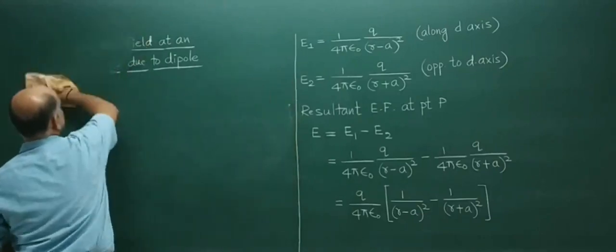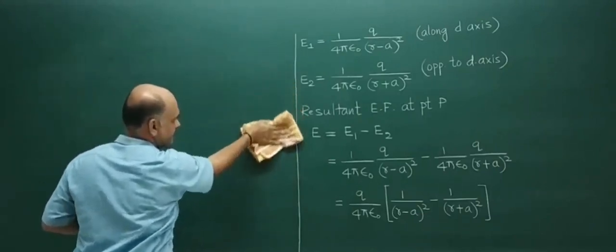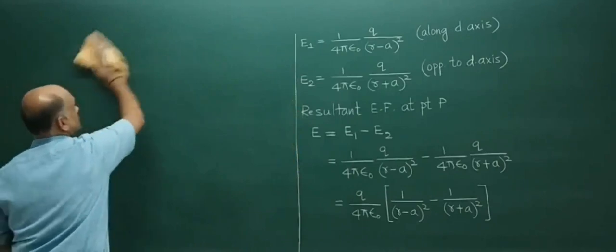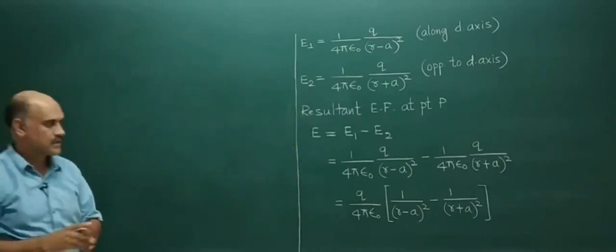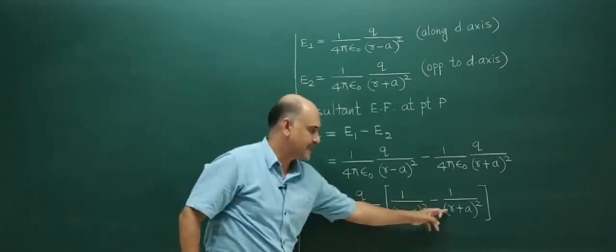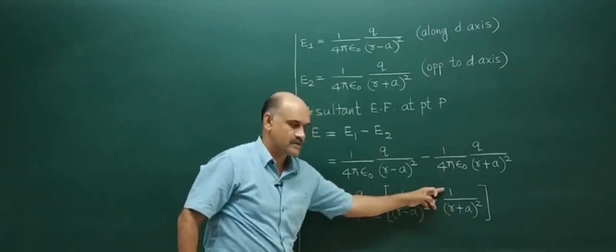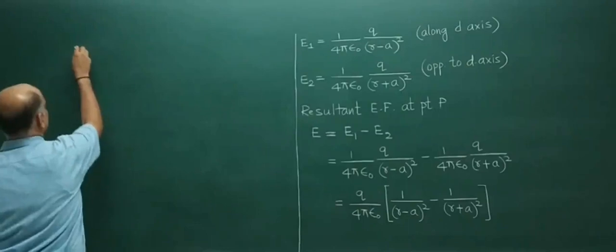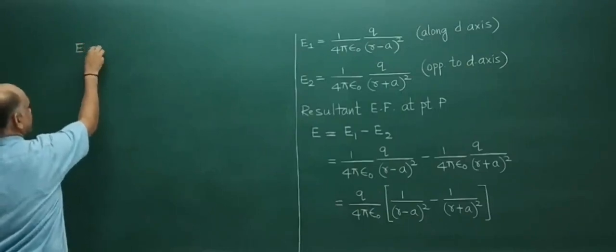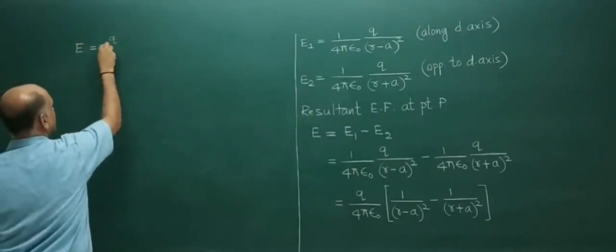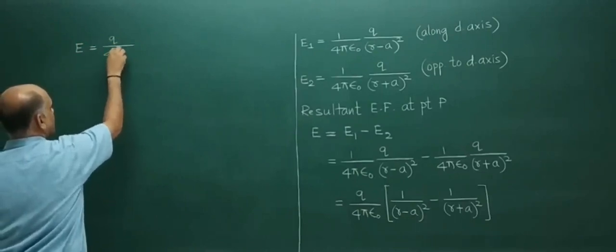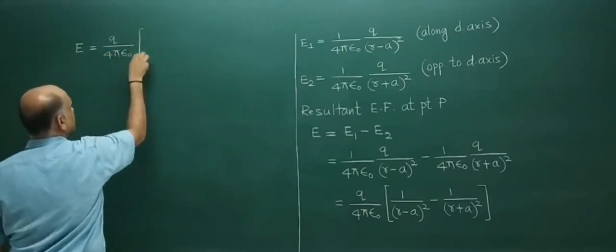Okay. So now further simplifying. If I simplify further, now here in this bracket I will take an LCM. So this is cross multiplied over here, this to the right side. Therefore I will be having E is equal to Q by 4 pi epsilon naught into bracket.